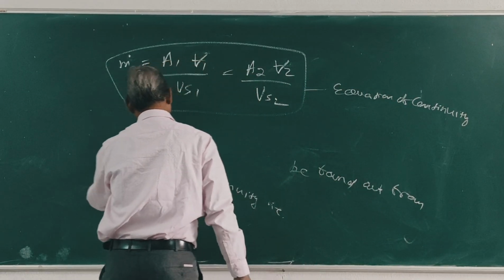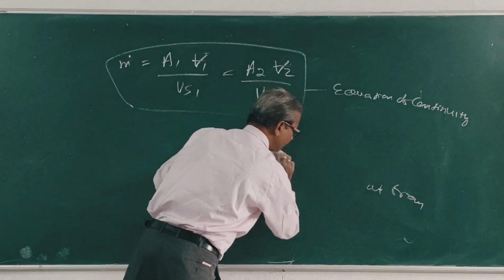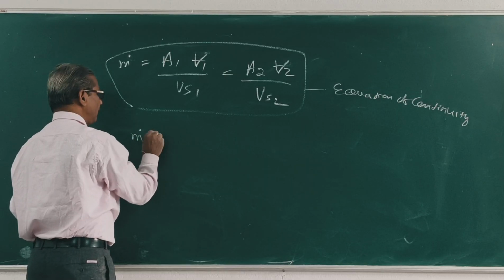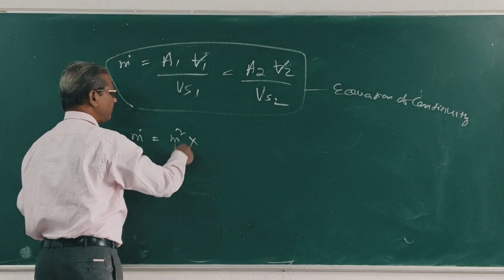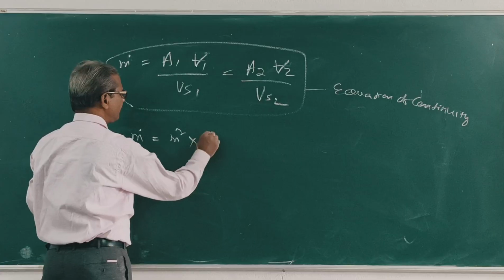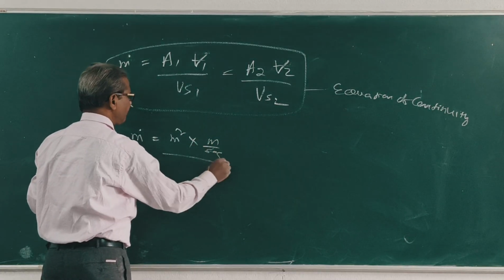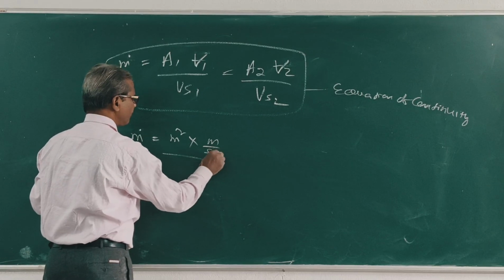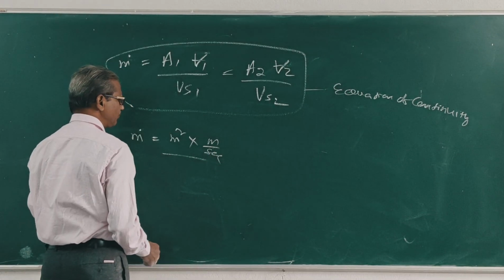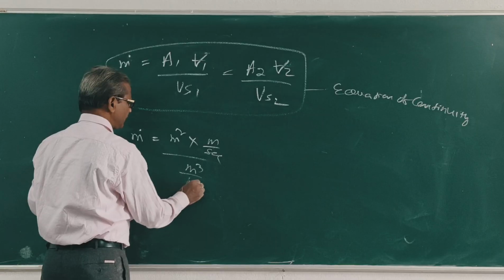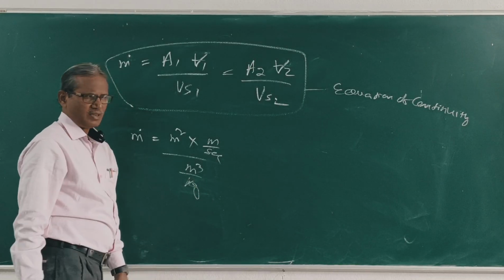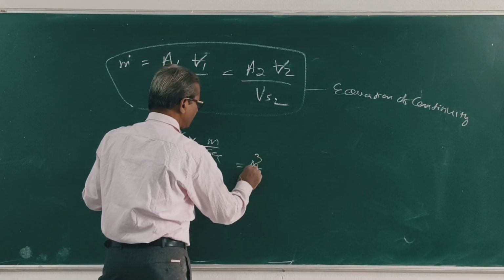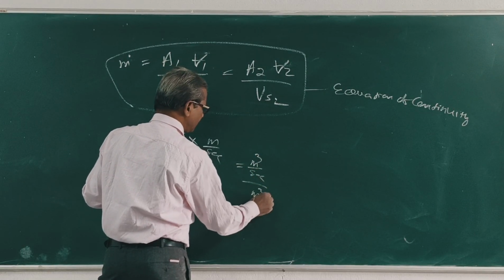Clear? In this equation, A is area, meter square. This is velocity, meter per second. Clear? By specific volume, meter cube per kg. Right? The answer is meter per second by meter cube per kg.